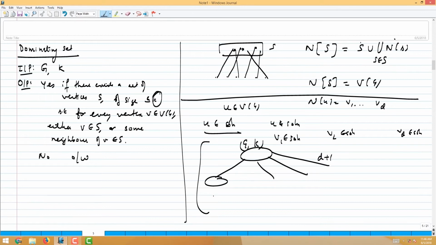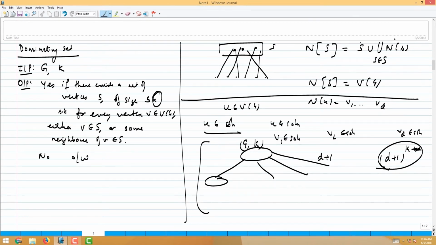So this looks like a D plus 1 ary tree. It's a complete tree where every vertex has D plus 1 children. So how many nodes are there in this tree? Roughly D plus 1 power K plus 1, or let's say the number of leaves is D plus 1 power K, so the number of nodes is again some function of this.